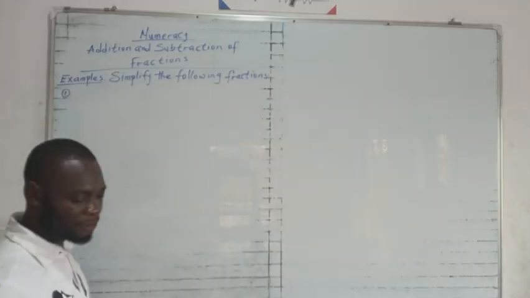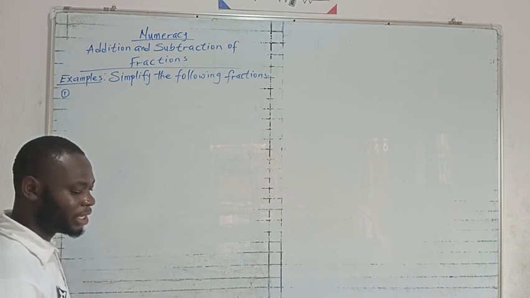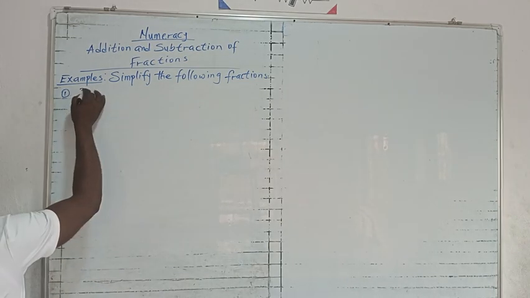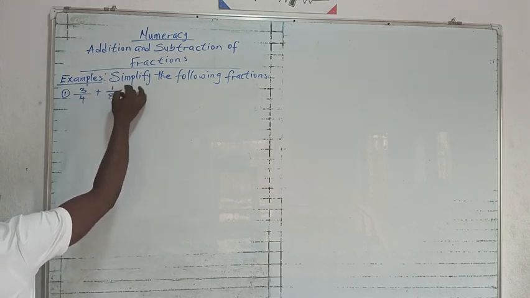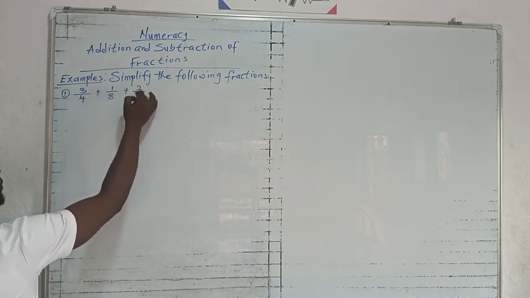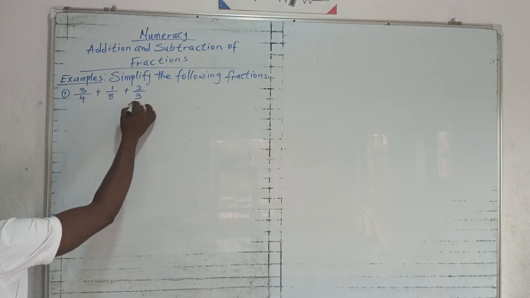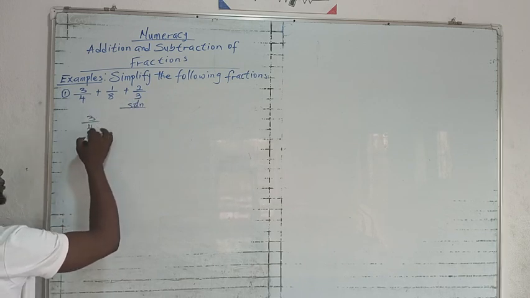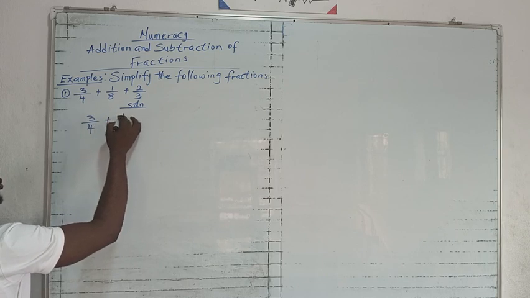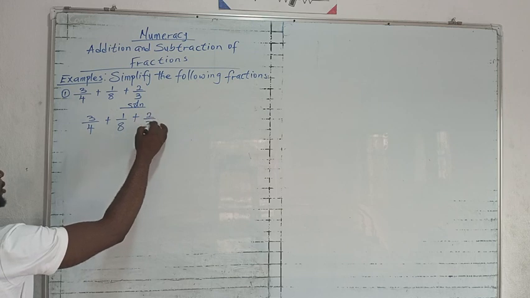Let's say we have 3 over 4 plus 1 over 8 plus 2 over 3. The question says simplify these. Now let's solve. 3 over 4 plus 1 over 8 plus 2 over 3.